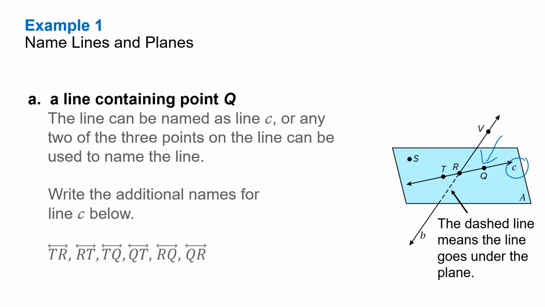But if you look in this diagram, RT is talking about line C here, and TR is talking about that same line. So make sure that you understand that if they're using the same 2 letters, it's referring to the same line.